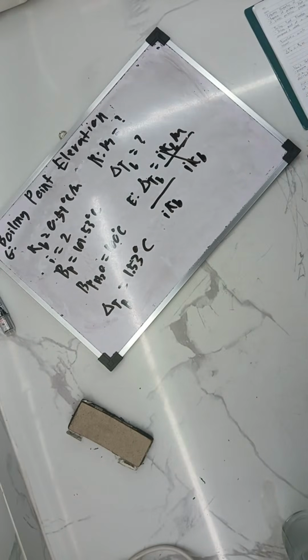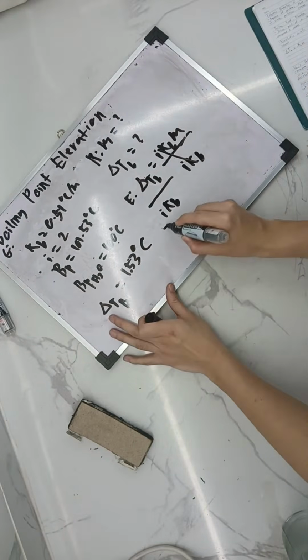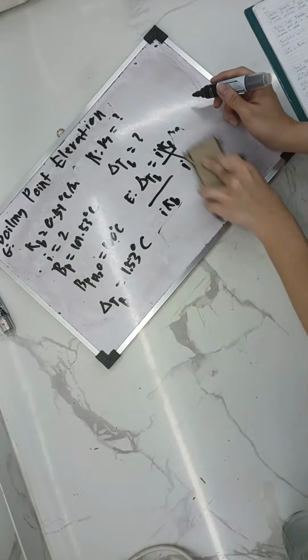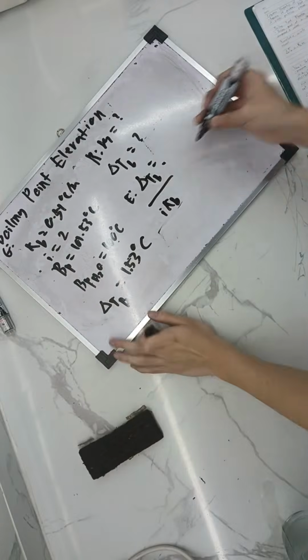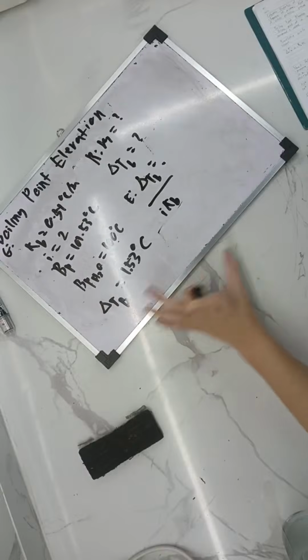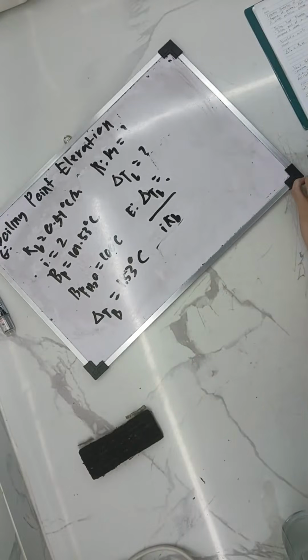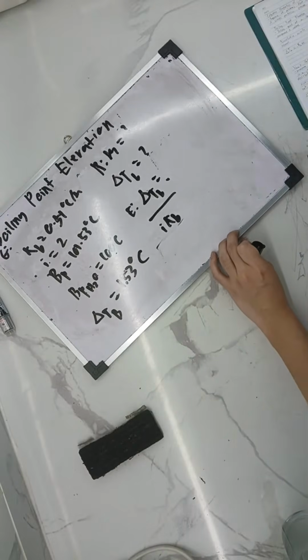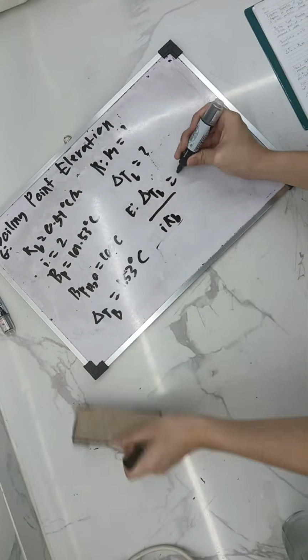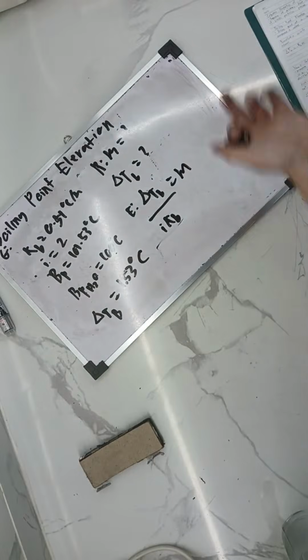The m becomes isolated, while this remains the same. So your final equation to get the molality is the boiling point elevation divided by the Van 't Hoff factor multiplied by the molal boiling point elevation constant, which is equal to the molality. So that's how you derive equations.